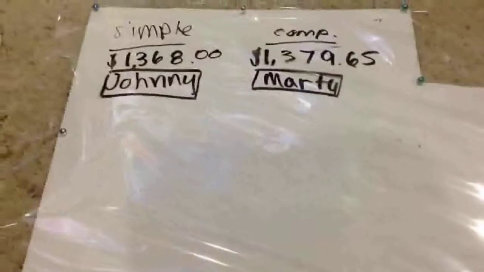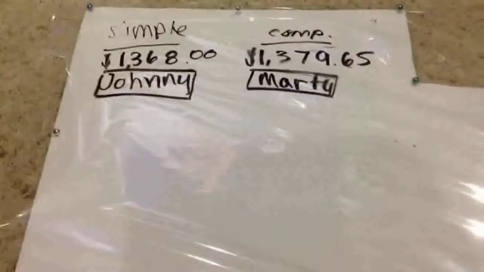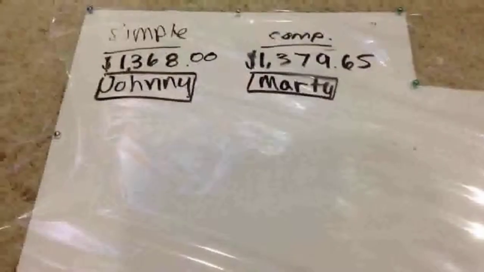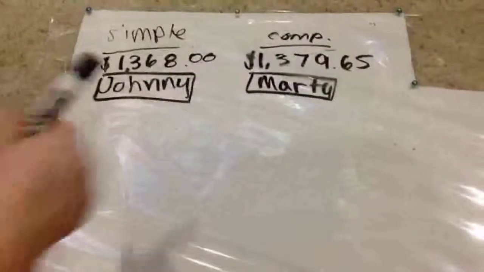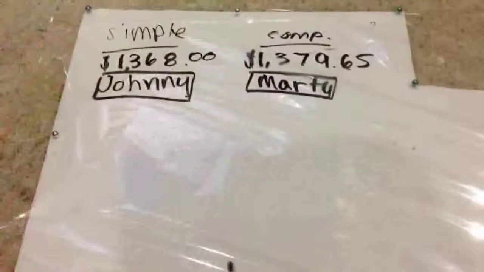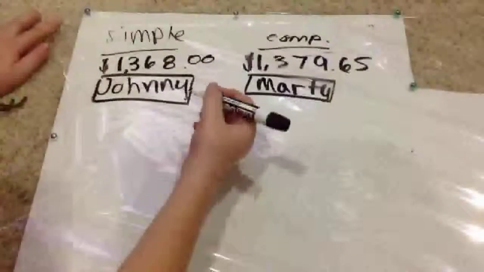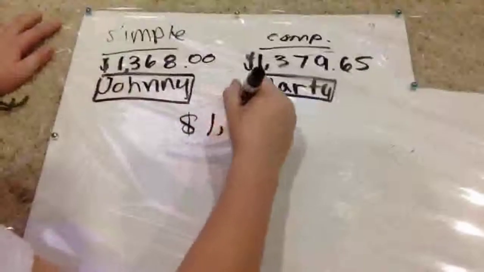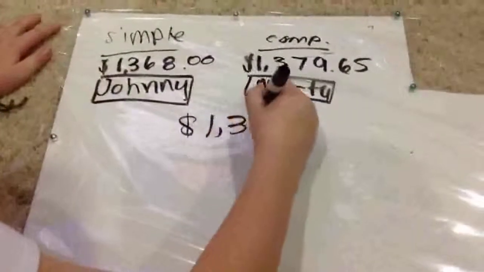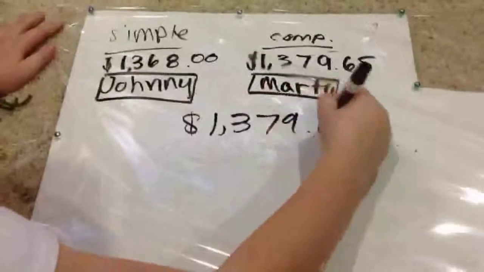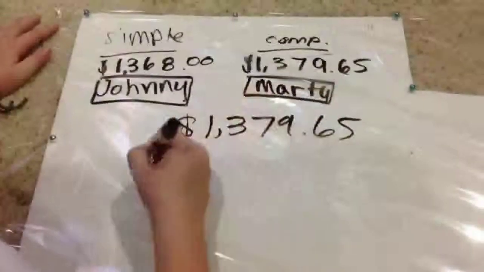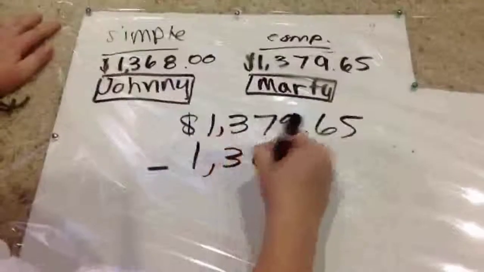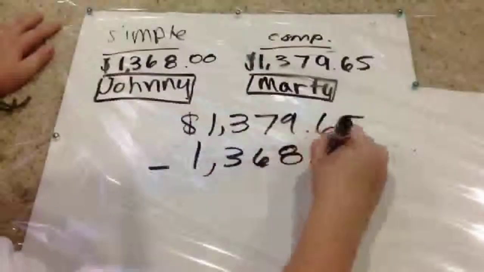So, if we want to compare the simple interest versus the compounded interest, we will subtract from the bigger number. So the compounded interest is obviously the bigger number. So we will take $1,379.65 minus $1,368.